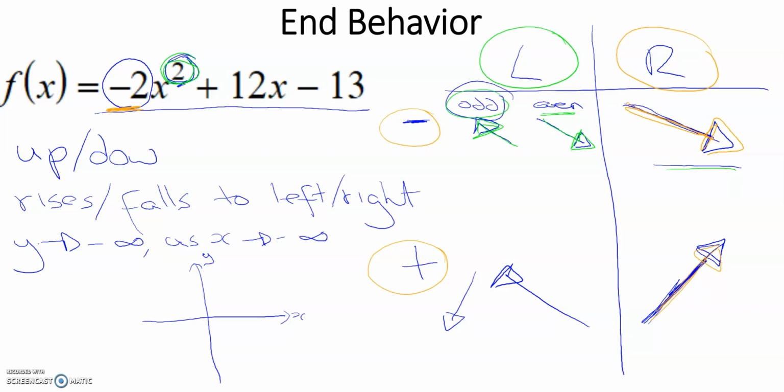You don't even have to label them. And draw it. If you know it goes down to the right, you can see that x is approaching infinity and y is approaching negative infinity. And then that just goes into a statement. So y approaches negative infinity as x approaches infinity.